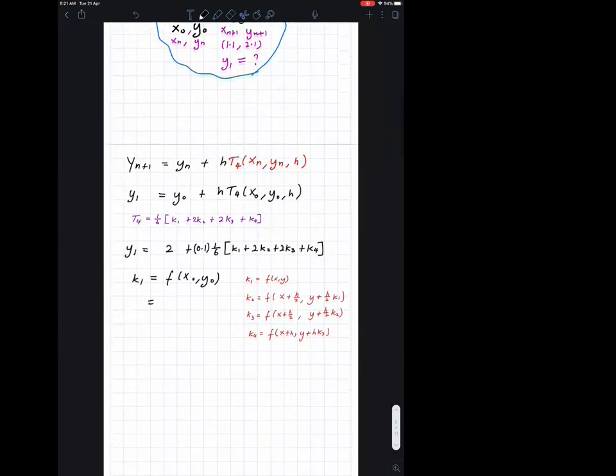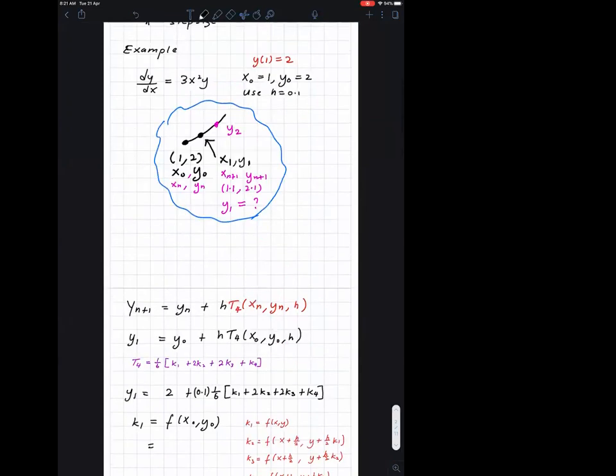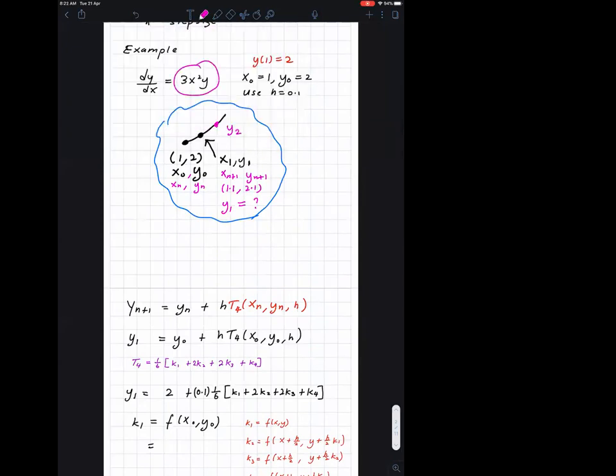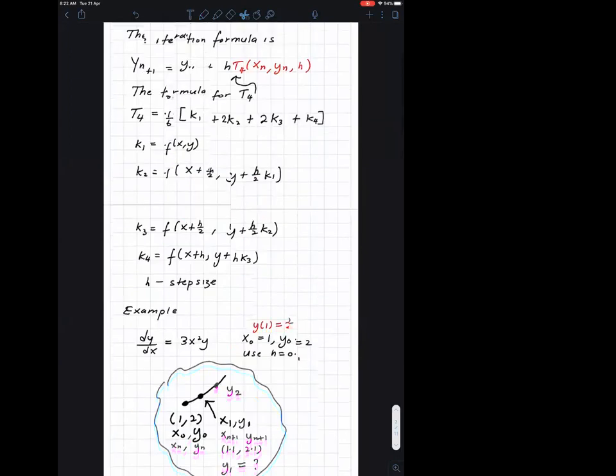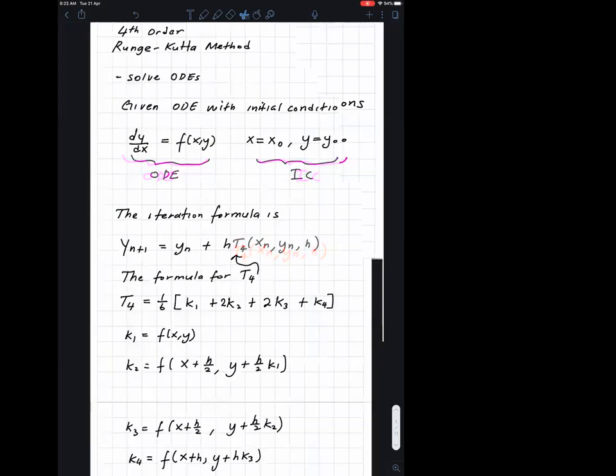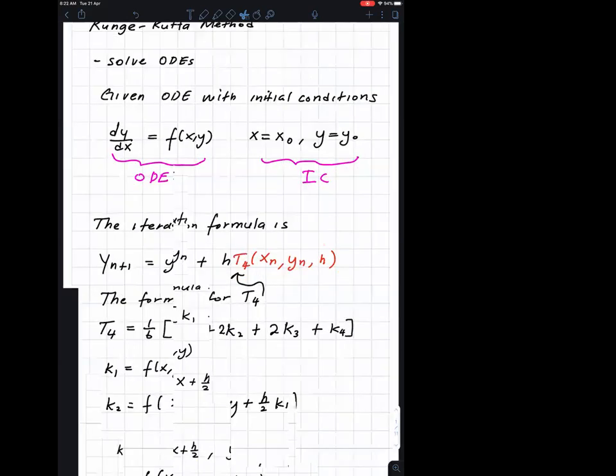This is the equation that you're going to use right here: 3x squared y. So we define your differential equation as f(x, y).